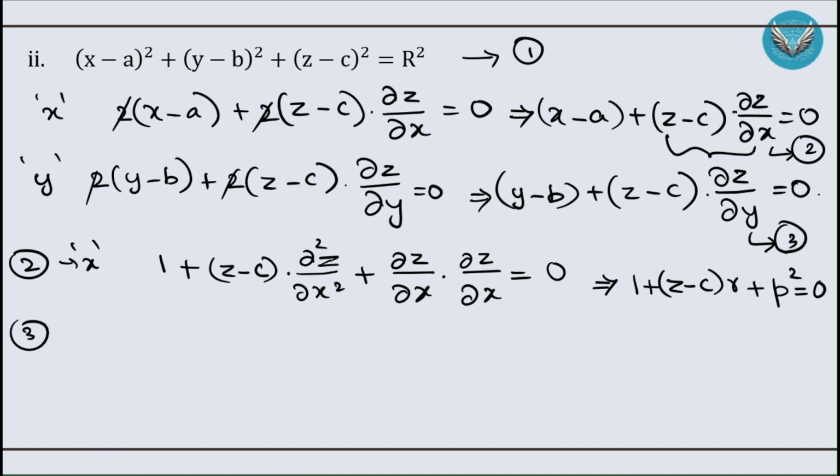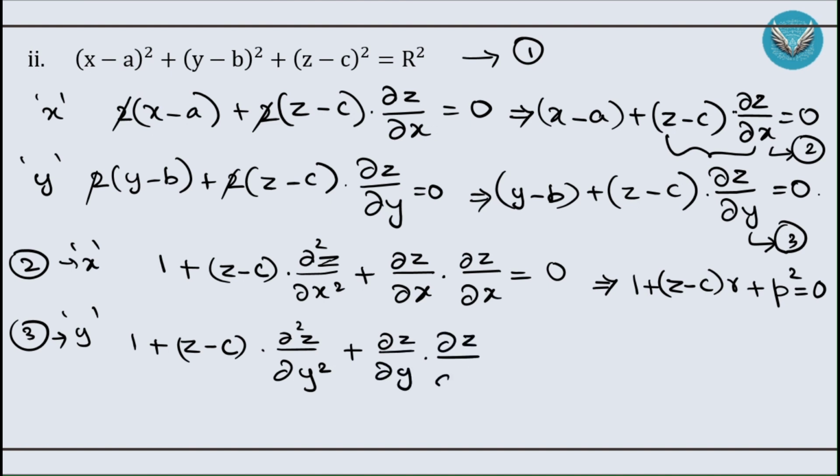Next, similarly, differentiating 3 with respect to y: 1 plus (z minus c) into dou square z by dou y square plus dou z by dou y into dou z by dou y is equal to 0.